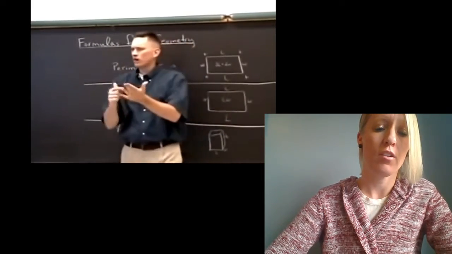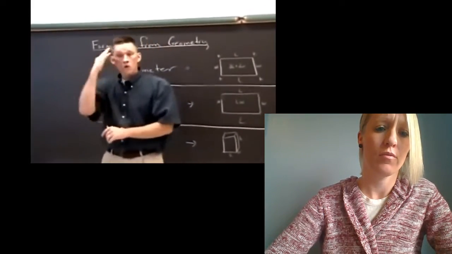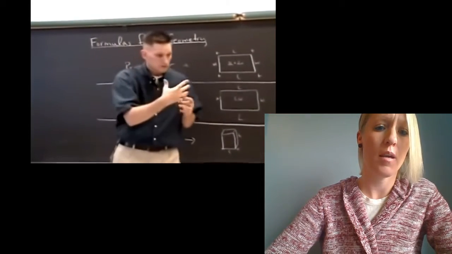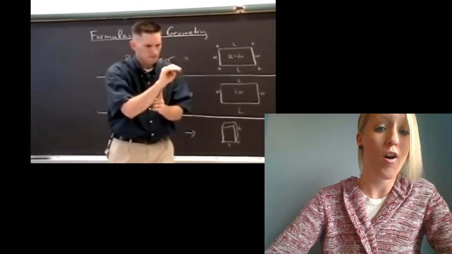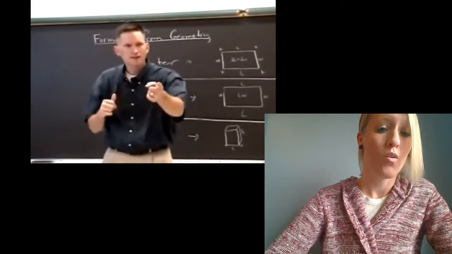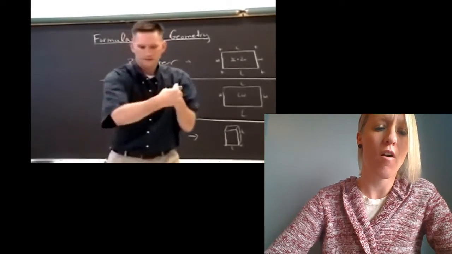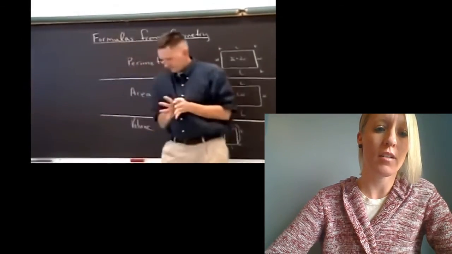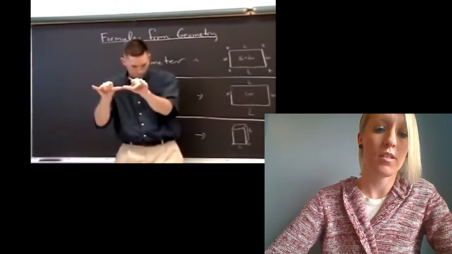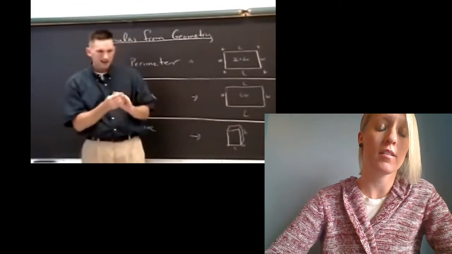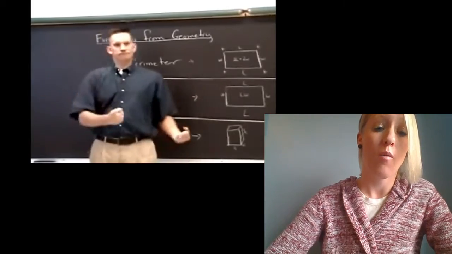So how would we figure out how to use that in real life? Can someone give me a real life example? Maybe something that you'd find on a farm? What's something that you'd use perimeter for on a farm? A fence, correct. A fence would have 4 sides, and you would need to measure each side and find out how many feet you would need.